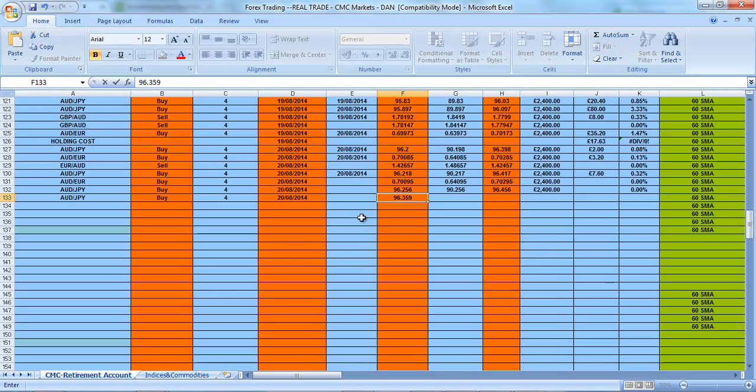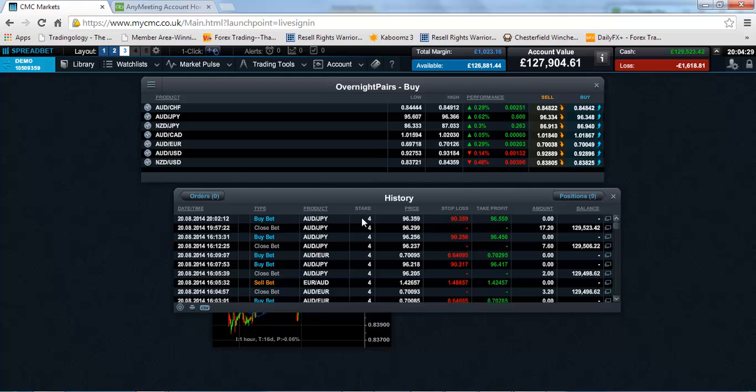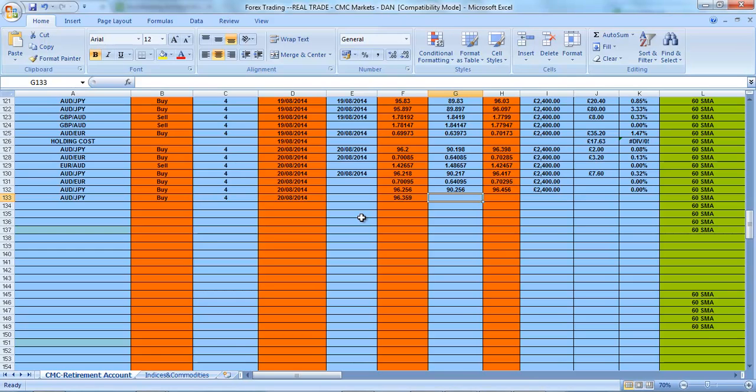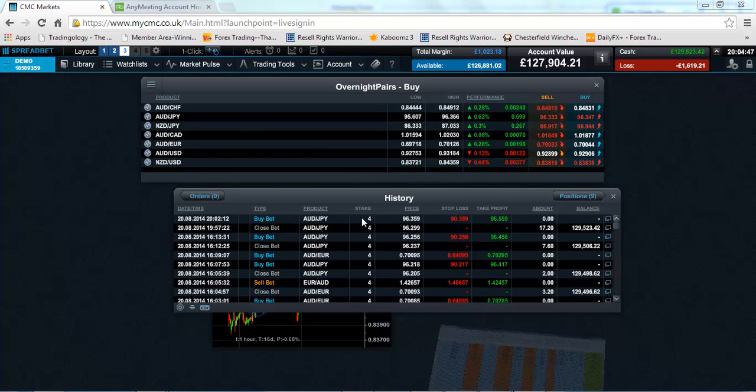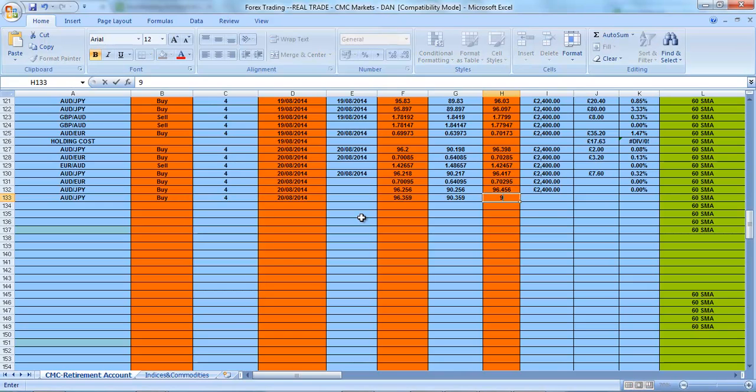96.359, and then my stop loss number, likewise I will find it at my stop loss, which is 90.359. 90.359, and then my take profit number is 96.559. 96.559, and obviously my stop loss figure, the amount that I put in is 2,400, and then I haven't made any profit there, so I won't fill anything there.